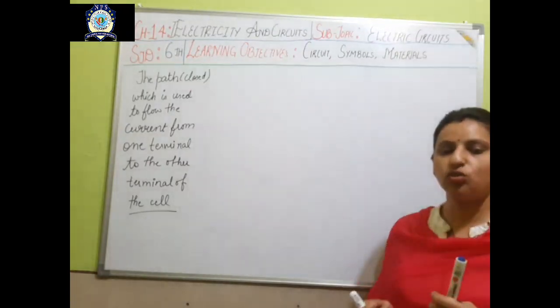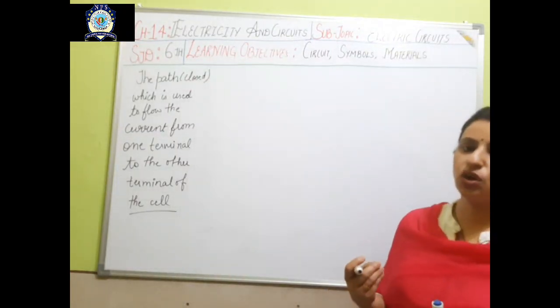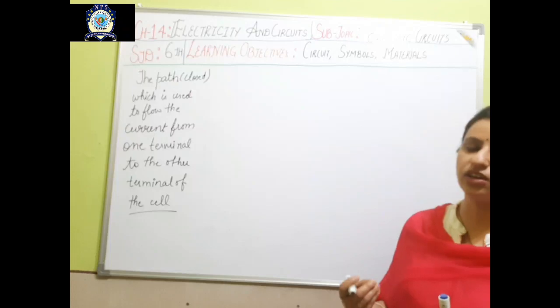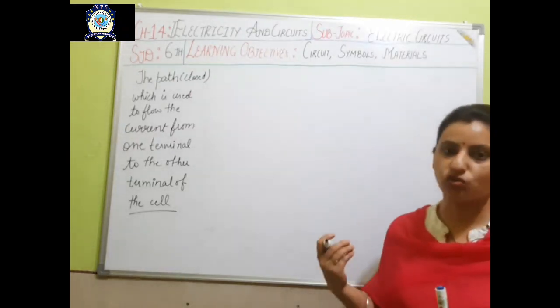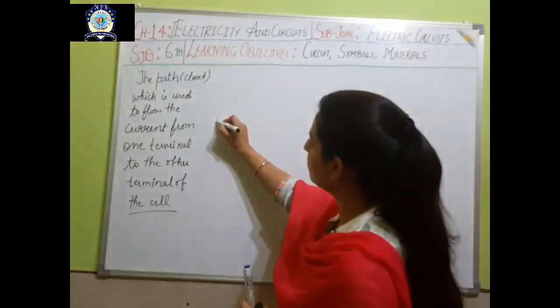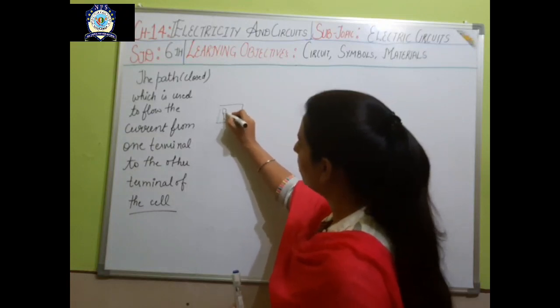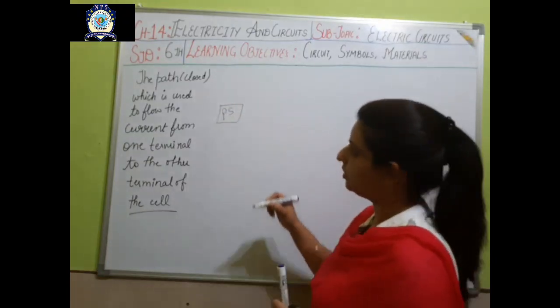So to move forward, first we should look at how this current reaches from the powerhouse to our home. For example, this is a powerhouse where the electricity is generated.